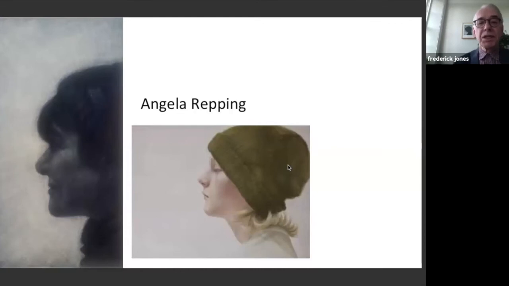This was a painting called 14 because the portrait is of a 14-year-old, which was shown in the Society of Scottish Artists show, I think two, three or so years ago. And my wife and I were there. And the next day, it was cold, so she was wearing a woolly hat.